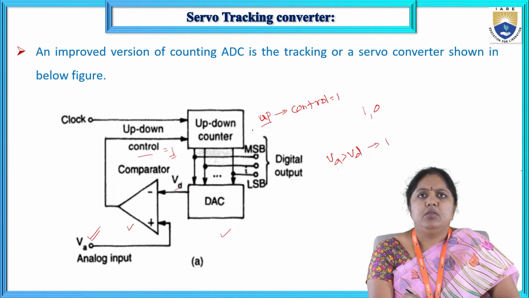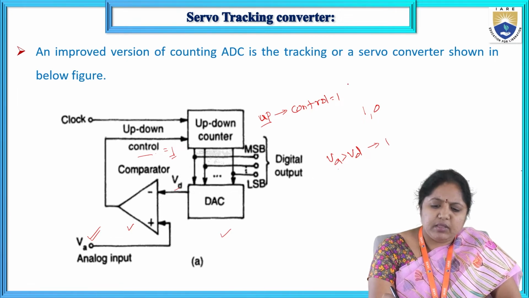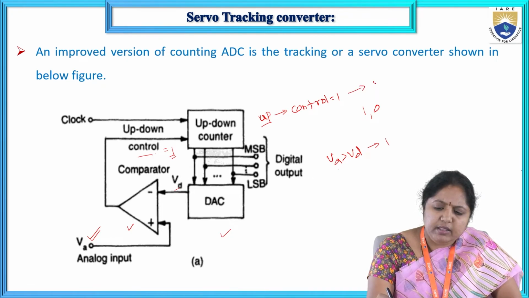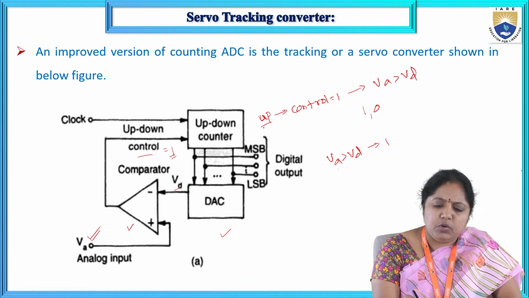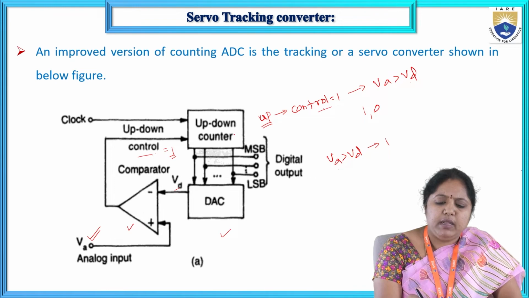We get this condition when VA is greater than VD. For up counting, VA should be greater than VD and the comparator output should be 1. When the comparator output is 1, the control value equals 1, and the counter will do the up operation.